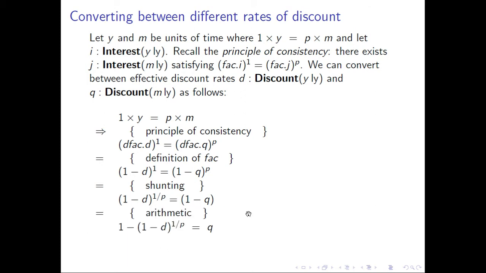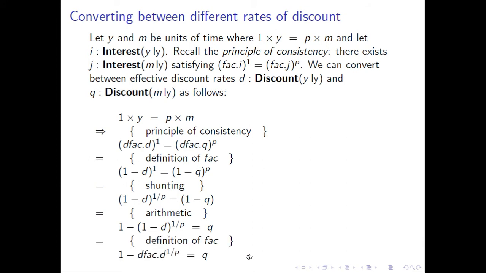And if we shunt the 1 again, we have (1 minus d) to the 1 over p is equal to q. So, given a p-thly discount rate d, this expression converts it into an m-thly discount rate.